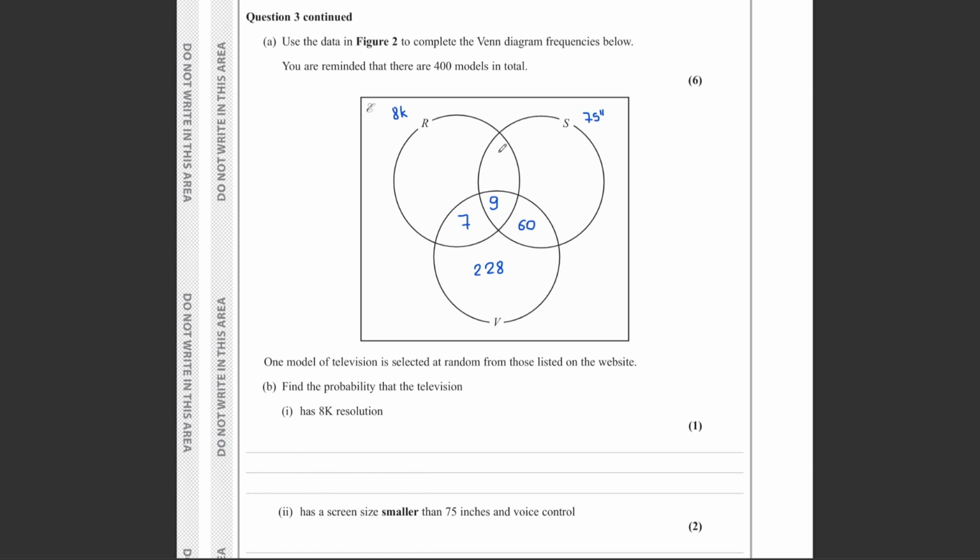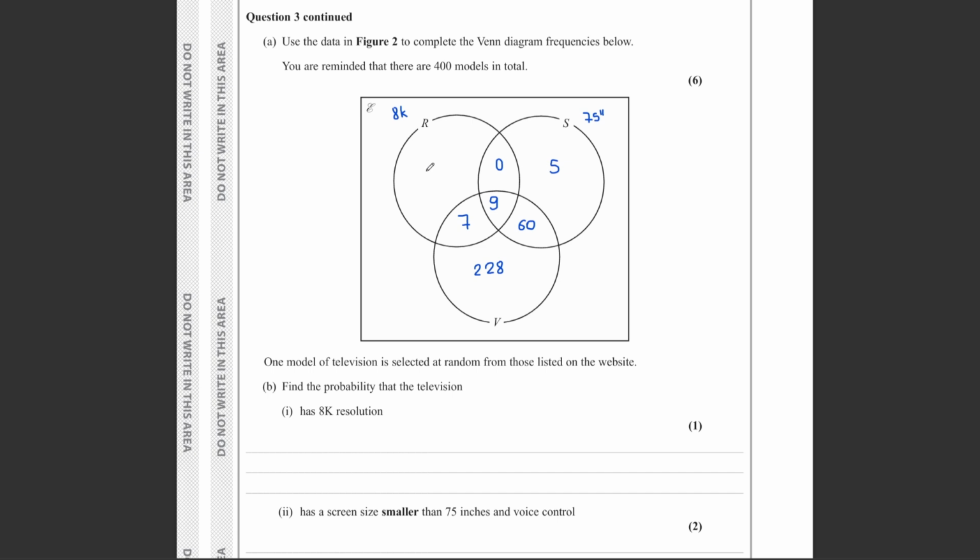Let's move to the common part of the 8K and 75 inches. The total should be 9, so this part here will be 0. The whole circle of the screen size should be 74, so that remaining part to be 5.